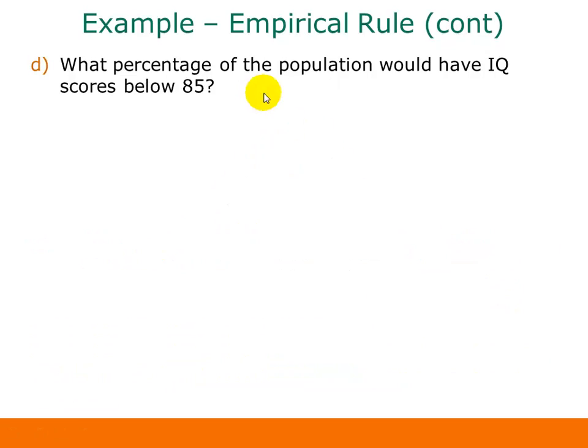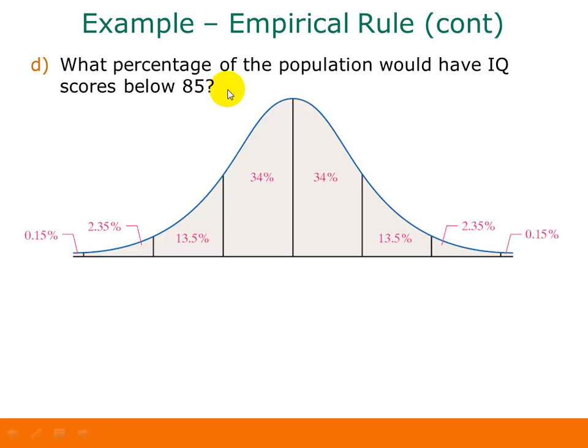Now, what percentage of the population would have IQ scores below 85? Again, we're going to take our picture and we want to locate 85 in this picture. Our mean again is 100, so that's right there in the middle. If we subtract one standard deviation from that, that's going to give us 85.